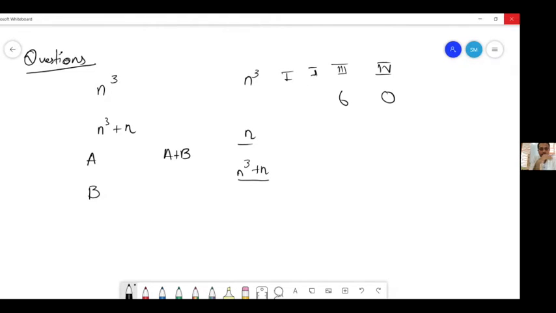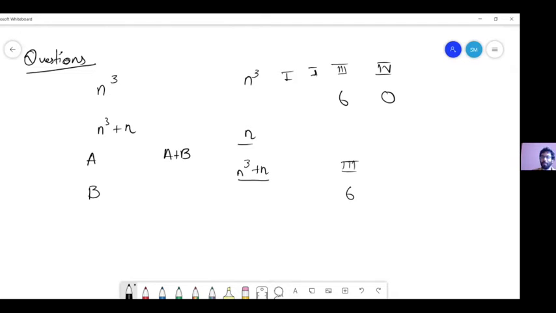So n cube plus n will also give you the constant at the third order difference. And what is that constant in the third stage? The constant is also 6.